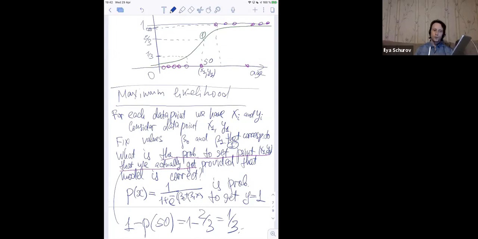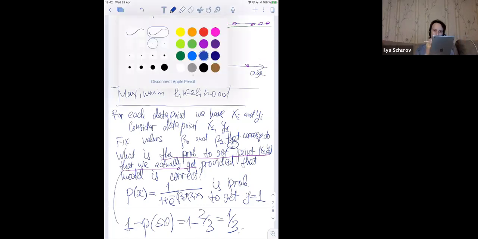Do you agree with me? So everybody who suggested 2/3, are you convinced that the correct answer is 1/3? Do you understand why? Okay, good.